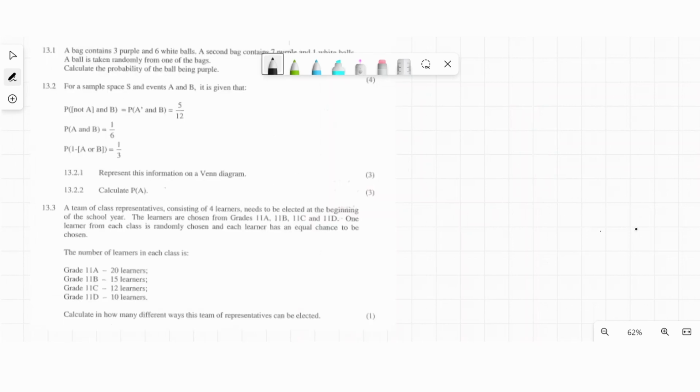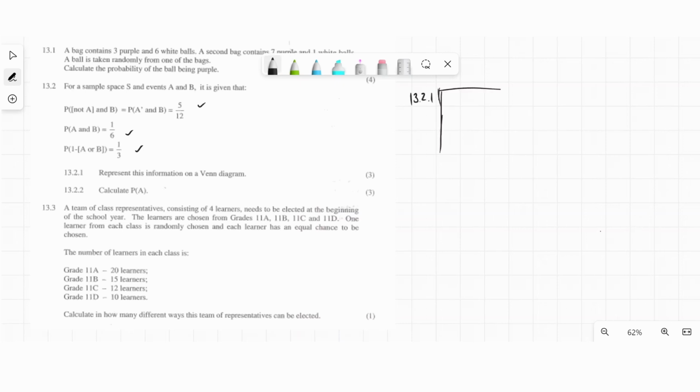So now moving to 13.2, it says a sample space S and events A and B are given. Then they give us the information here below. Right, then they say represent this information in a Venn diagram. So let's do that. So this is 13.2.1.